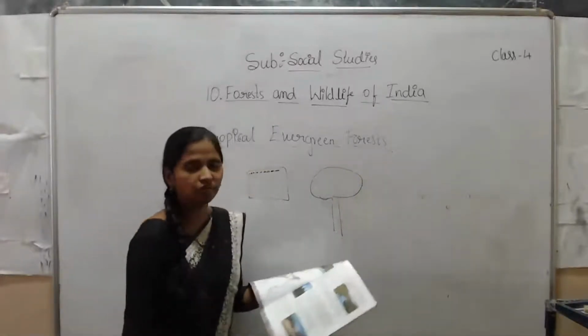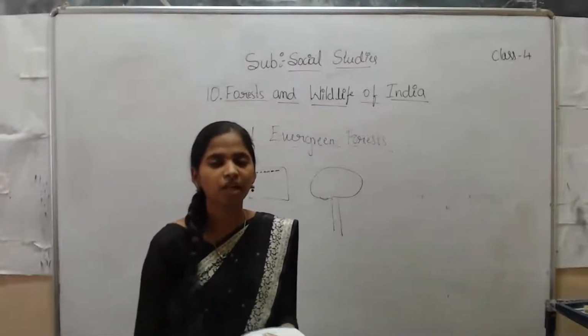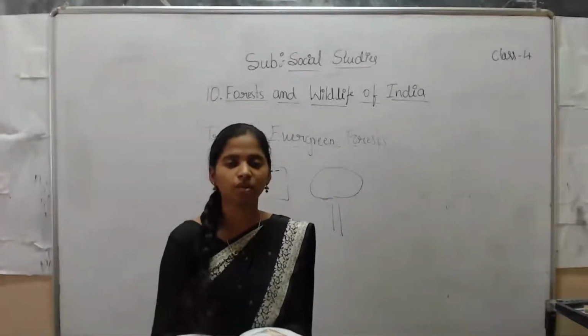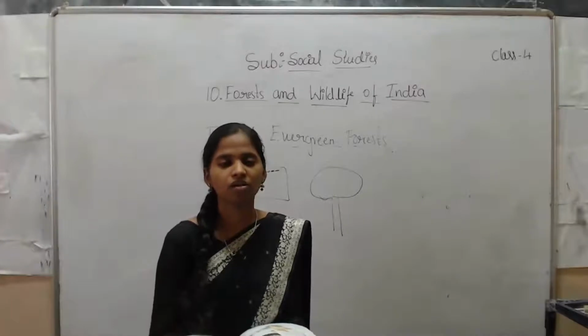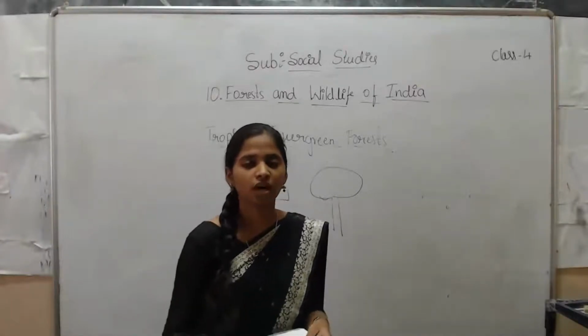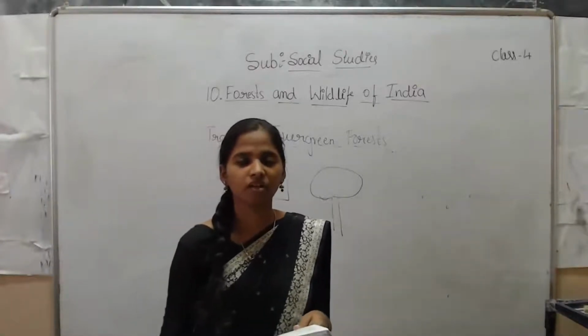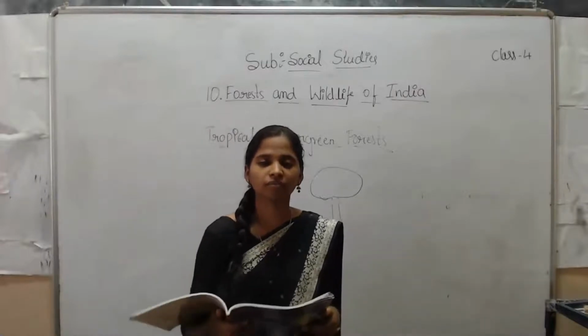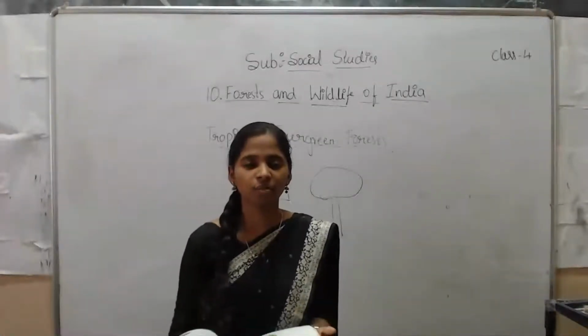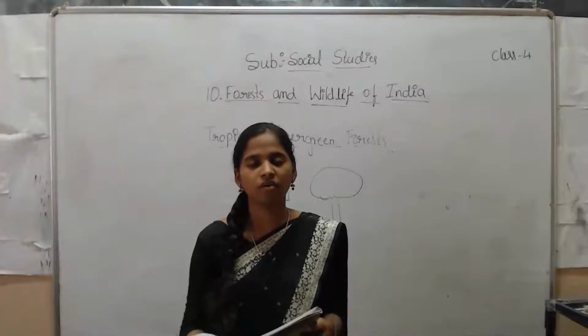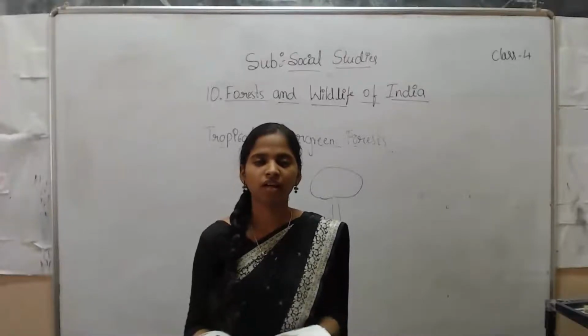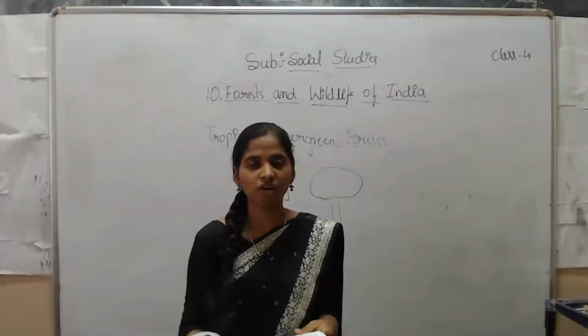What happens if it is shaped like this is that less sunlight reaches the roots of those trees, because the canopy-like structure covers the forest, and less light comes inside.